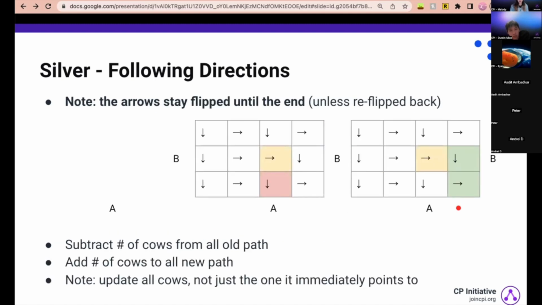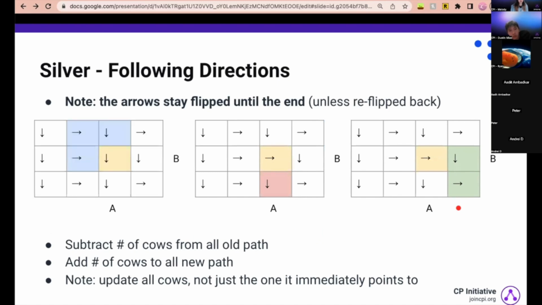But the problem with this question is that the arrows actually stay flipped until the end, unless they're flipped back. So once I move this arrow, the yellow cow, to this, when we add another query, it's going to still be flipped.